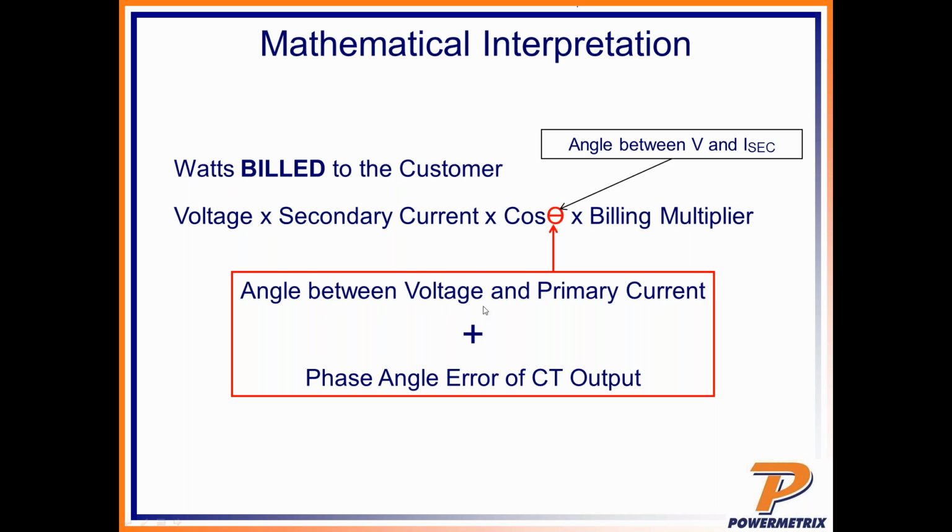So that's the angle between the voltage and the primary current plus whatever phase angle error that CT is outputting. So that's how we get this total angle here. So any phase error of that CT output is going to be in this measurement that could cause a billing error, right?